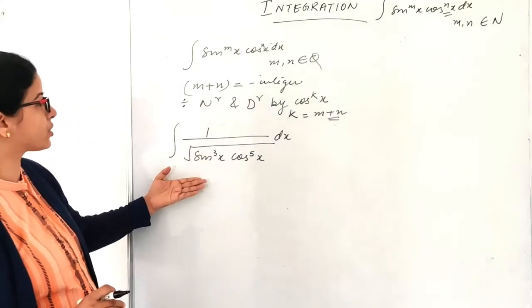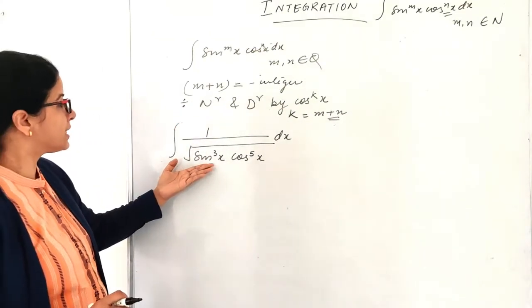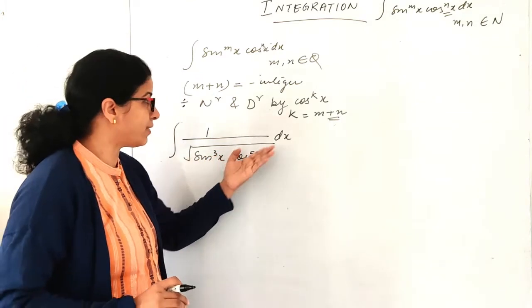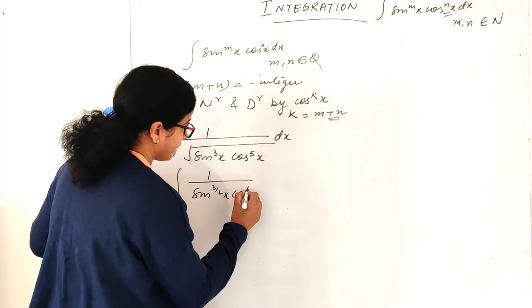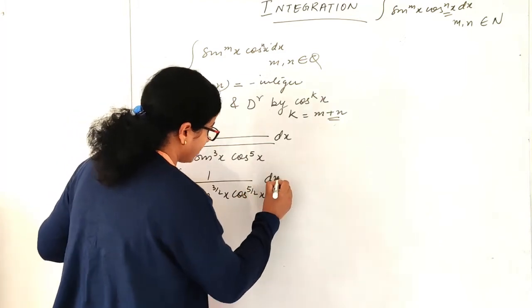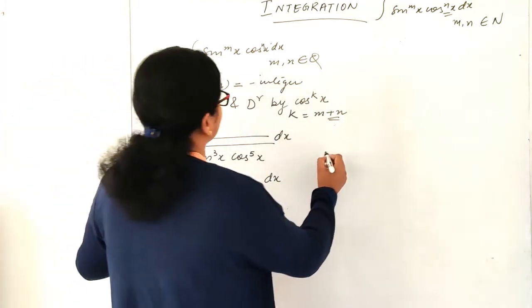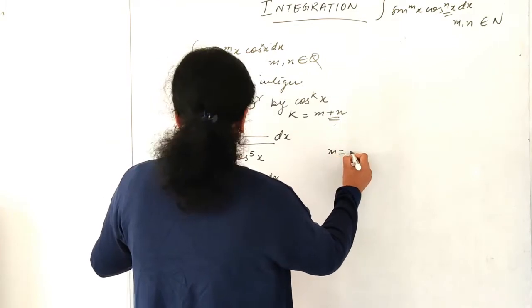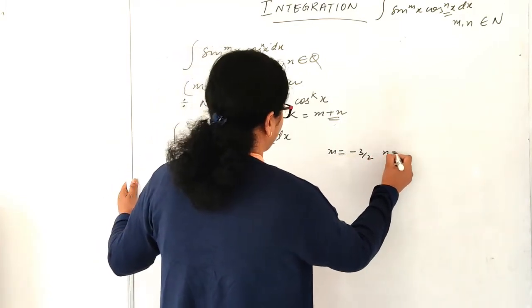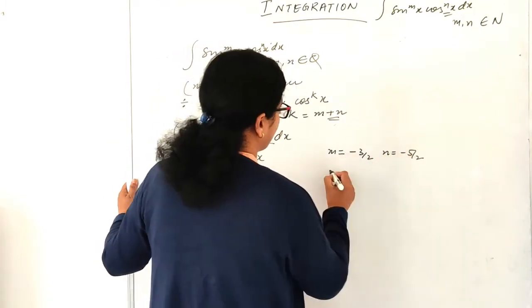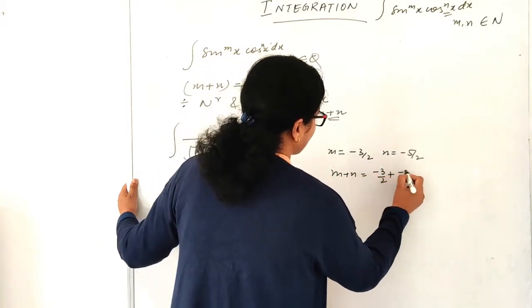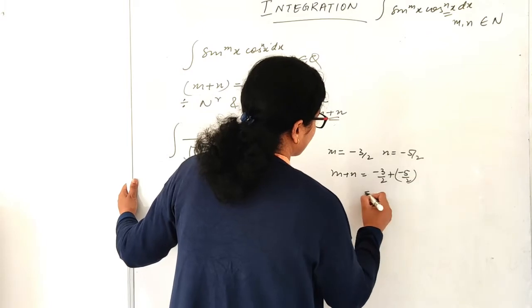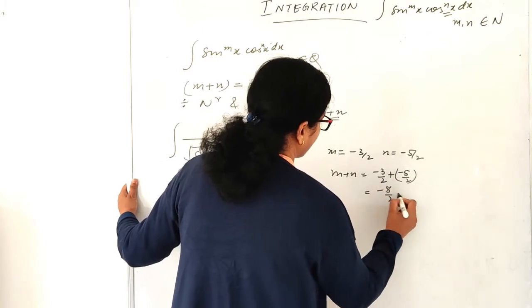So let us take this question: the integral of 1 upon the square root of sine cube x cos to the power 5 x dx. We have sine 3 by 2 x cos 5 by 2 x dx. So my m is minus 3 by 2, and n is minus 5 by 2. M plus n is minus 3 by 2 plus minus 5 by 2, which is minus 8 by 2, equals minus 4.